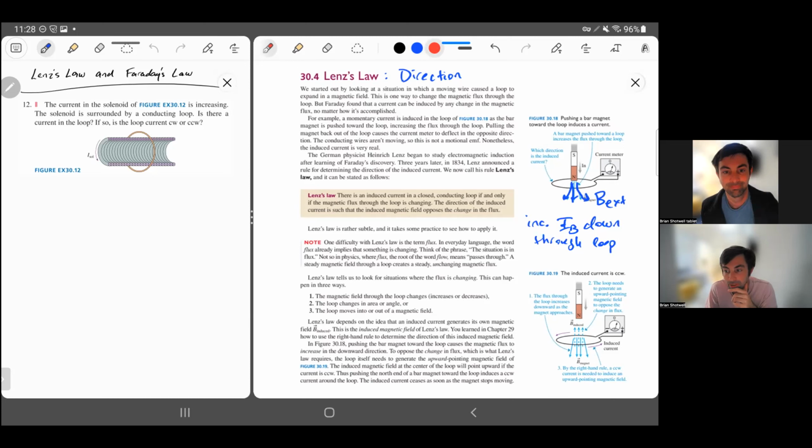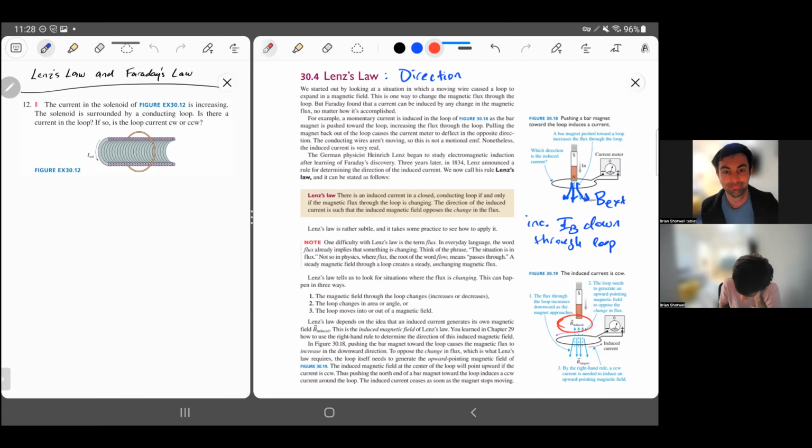So if there's an increasing magnetic flux down, the loop's going to do whatever it can to try and reject that field. In other words, in addition to the external magnetic field, the loop itself can create its own magnetic field. And we call that an induced magnetic field.